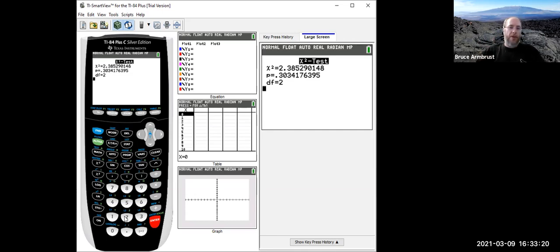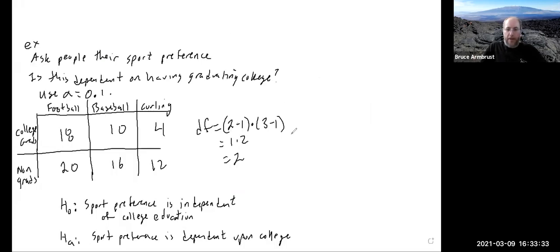Oh, I meant to show you, well, let me wrap this up, and then we'll come back. So there's our p-value. Let's go back to the whiteboard and see what we know. We just found that the p-value was 0.303. So what does that tell us to do?